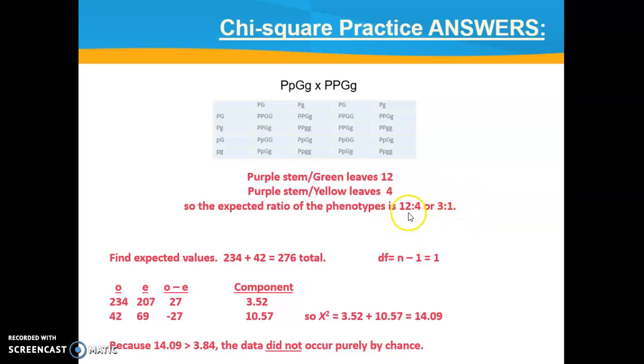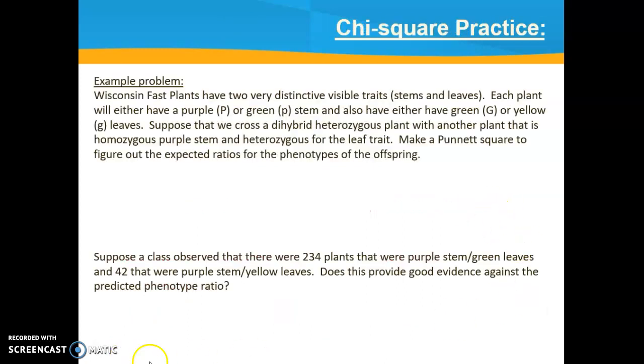Now that is going to help us figure out the second part of the problem. The second part of the problem is looking at real data. We actually crossed these plants, and this is what we got. This is our observed data. So we got 234 plants that were purple-green and 42 that were purple-yellow.